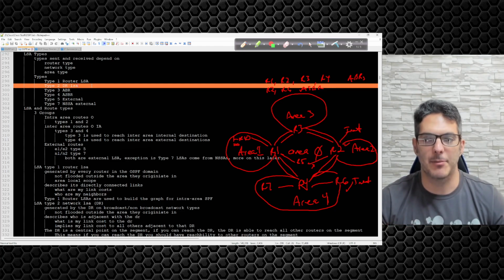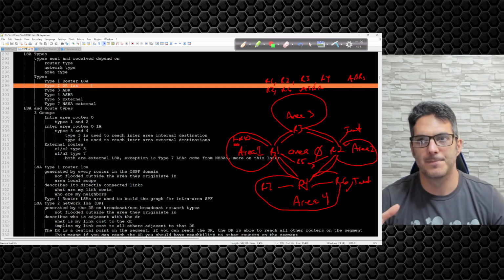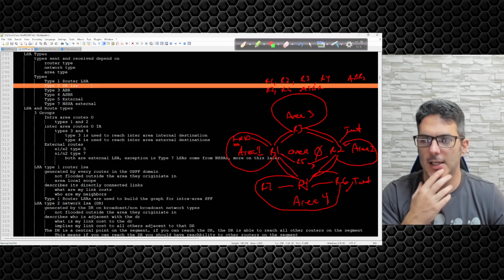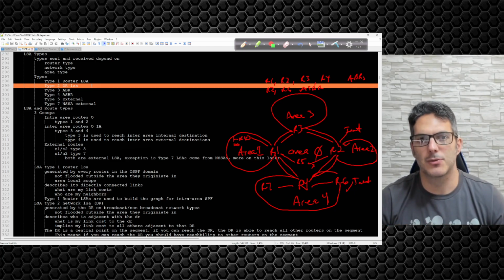I don't have the ability, without doing some sort of wizardry, of doing serial interfaces. I could throw this into GNS3 as a small topology and show you what that looks like, and do point to multipoint with frame relay. But the reality of it is nobody does that.